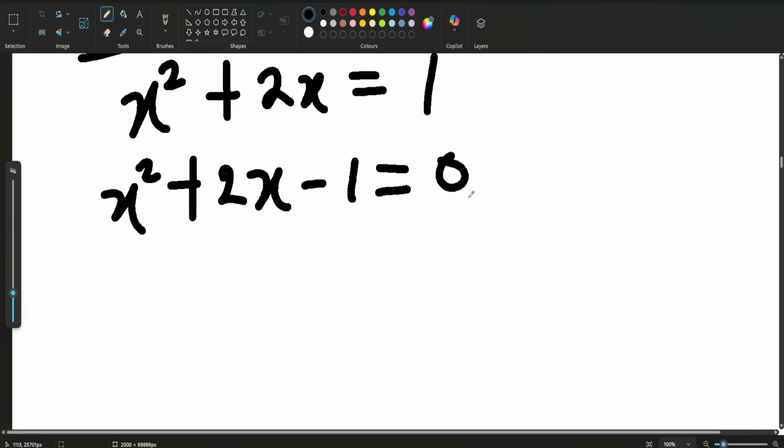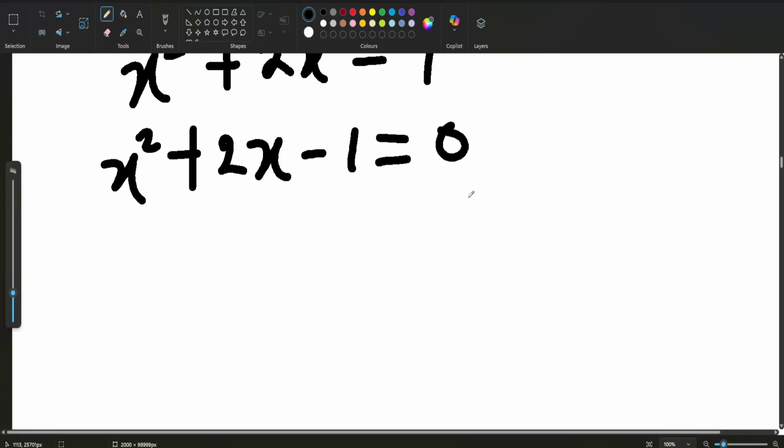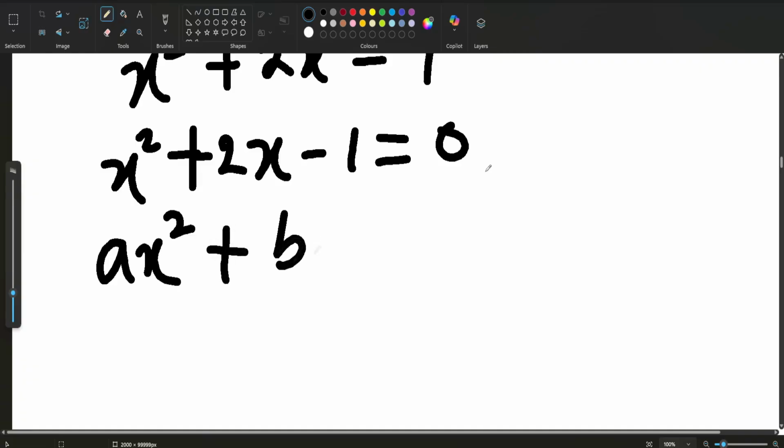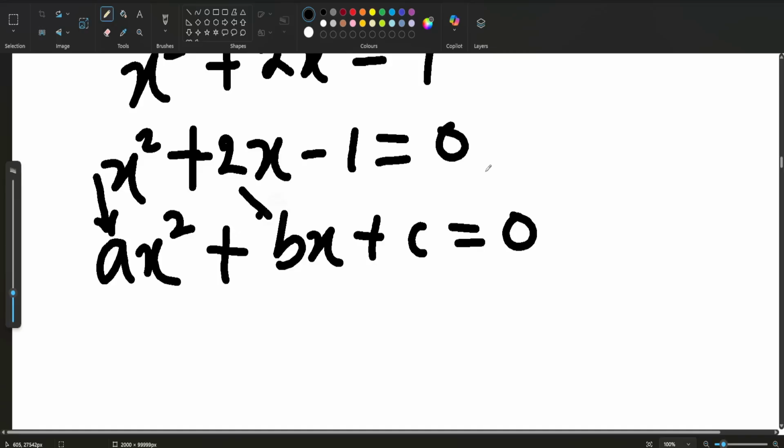When we have an expression like this, factorization may not be feasible, so we can use the quadratic formula method. When we have a quadratic equation like ax squared plus bx plus c equals 0, the a here is 1, that is the coefficient of x squared, the coefficient b here is 2, and the constant term c is minus 1.